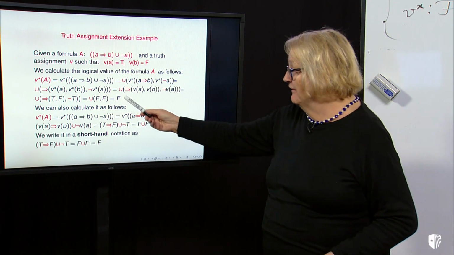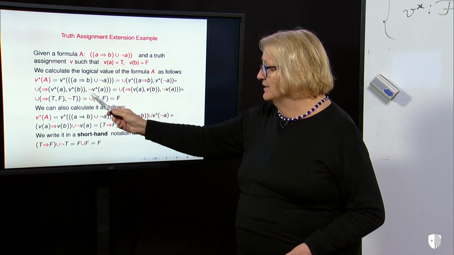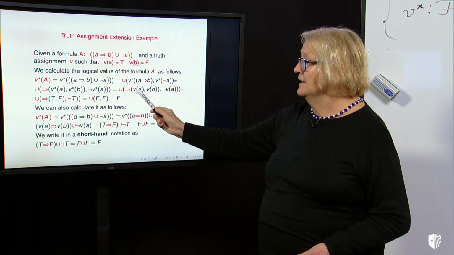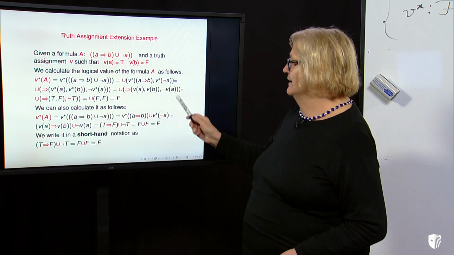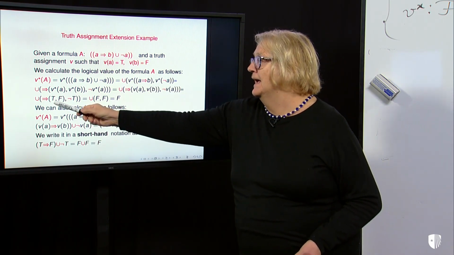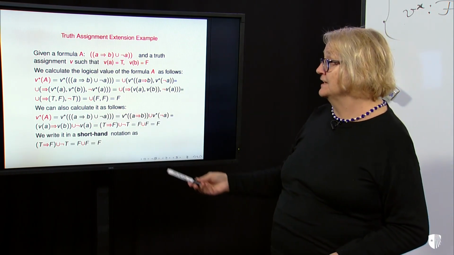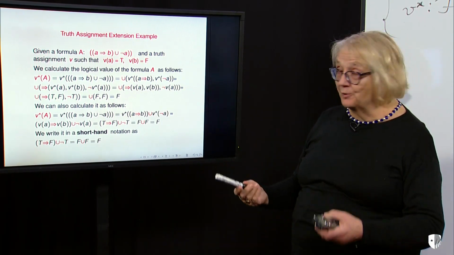And finally, you evaluate that. You see at the end, V star of A is V of A, so that would be T. And V of B was F, and V of A was T. And now you see this is all the algebra of connectives. So you have F. This is how the definition works.